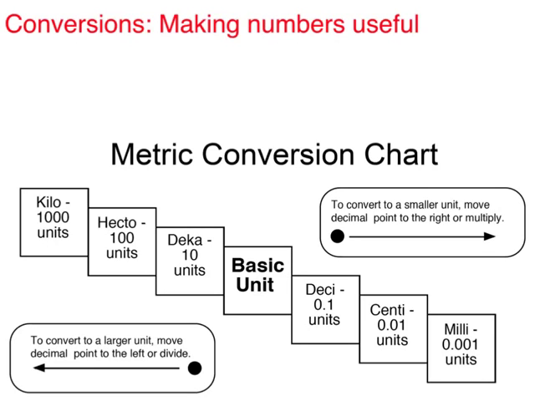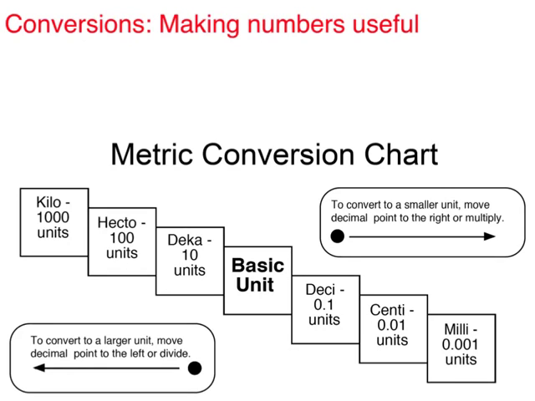So the system of measurement that we generally use is called the metric system, and it's a great system for a couple of reasons. First of all, it's a base 10 system. So if you know how many of something you have, then you can convert it using measurements of 10.